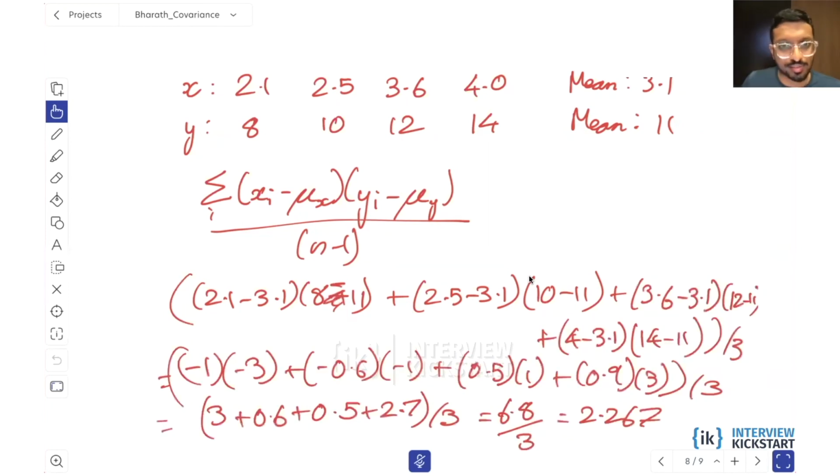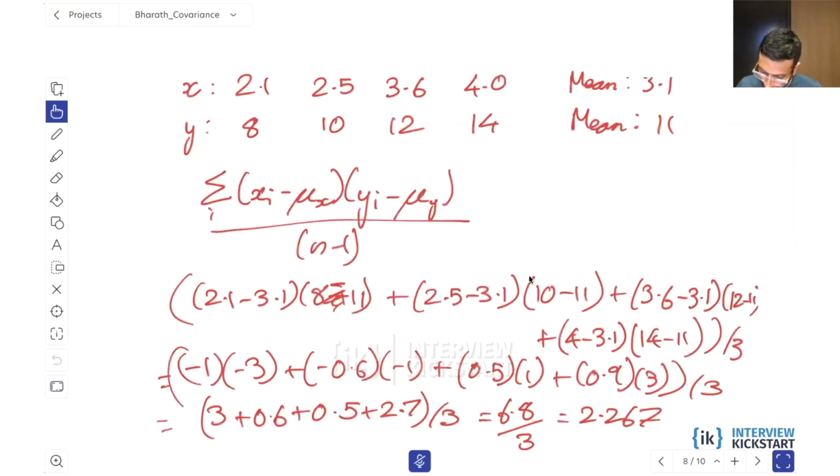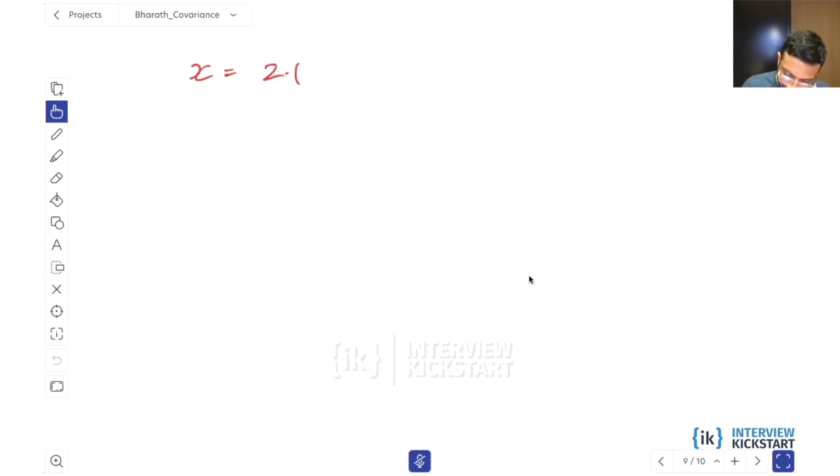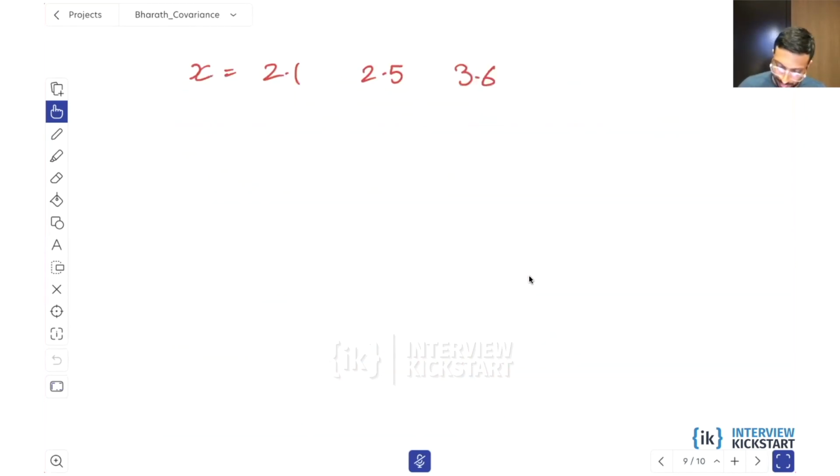Okay, so this is one example of how to calculate covariance. Let's take similar values, but let's calculate in a different case, right? So we have the same values over here, 2.1, 2.5, 3.6, and 4.0. And the mean is 3.1.